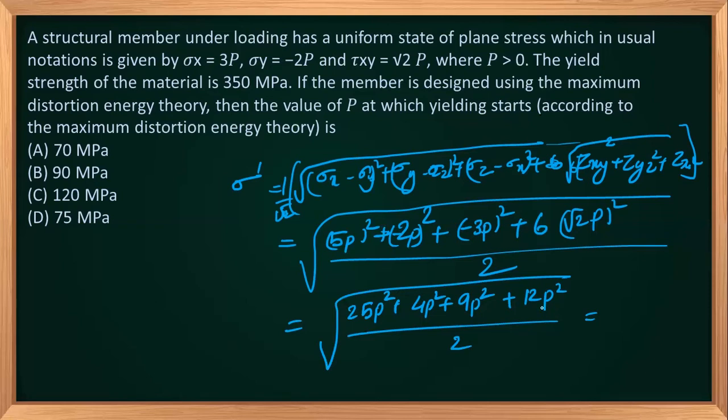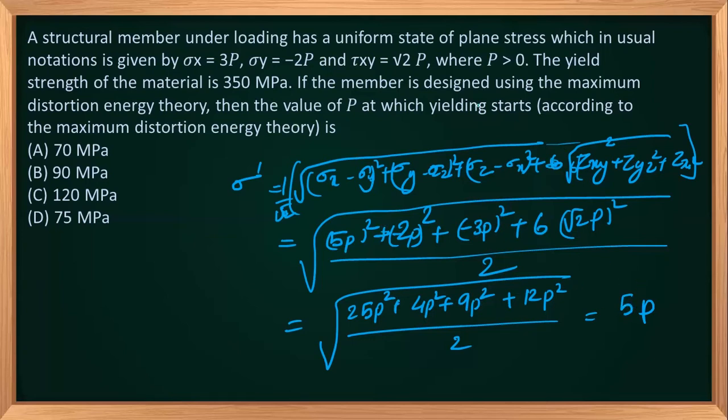No, it's 50. 50 by 2 will be 25. 25p square. Root of 25p square will be equal to 5p. Right. Again, let me calculate: 25 plus 4 plus 9 is 38, and 38 plus 12 is 50. Yeah, 50. So 5p will be the answer.